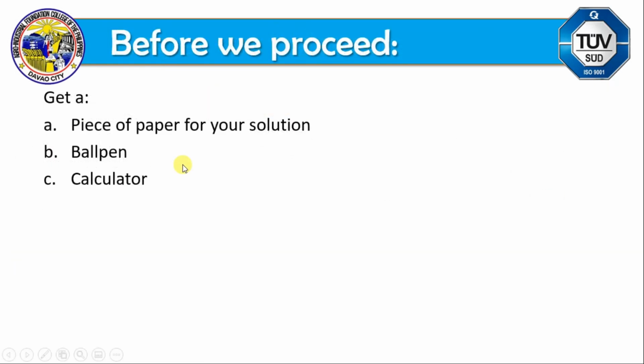Before we proceed, since the next things we will be doing involve solving, get a piece of paper for writing the solution, a ball pen, and your calculator. If you have a scientific calculator, the FX 991, then get that.